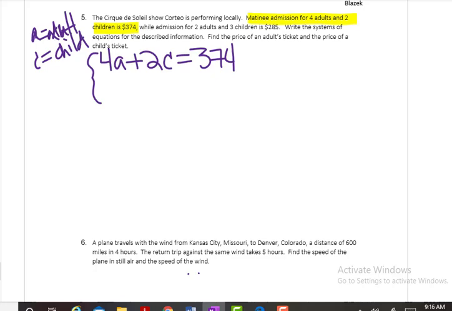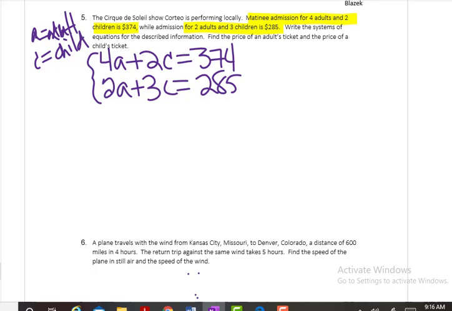Looking at the next part of the sentence, it says while admission for 2 adults and 3 children is $285. So 2 adults plus 3 children is $285. And we're supposed to find the price of an adult ticket and the price of a child's ticket.